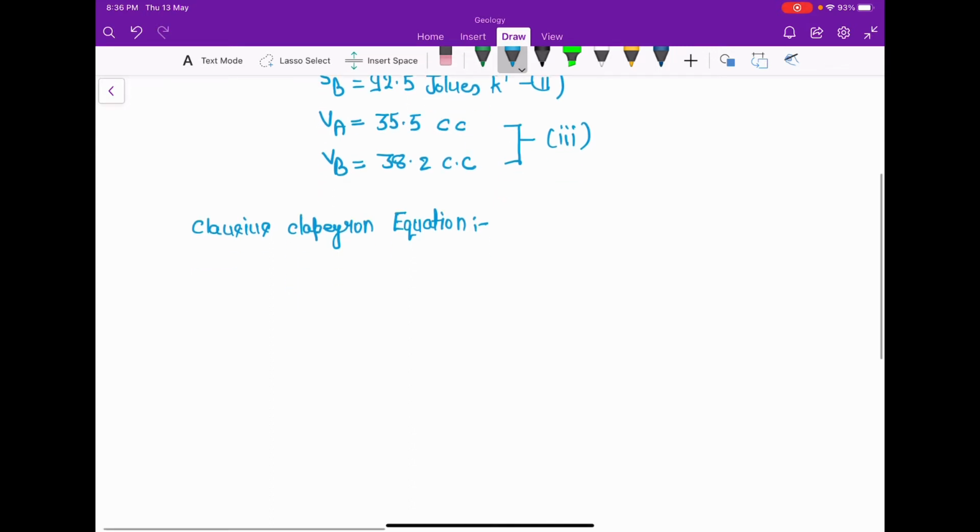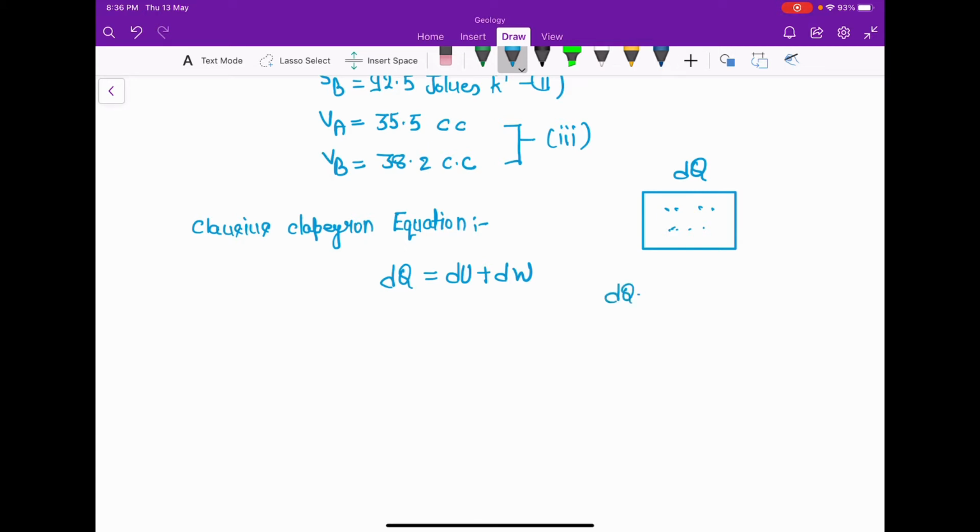The first law of thermodynamics says if we supply a small amount of heat, dq, to any system, then it will be used as change in internal energy of that system and work done by the system or work done on the system.